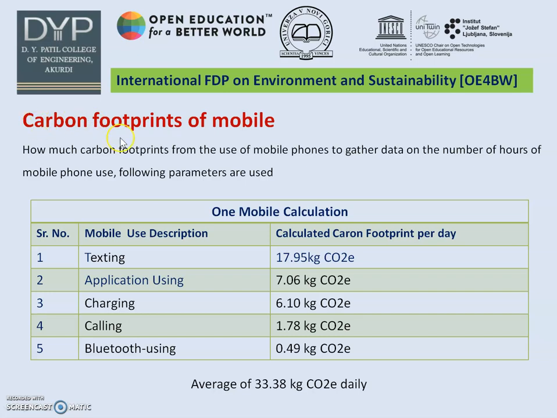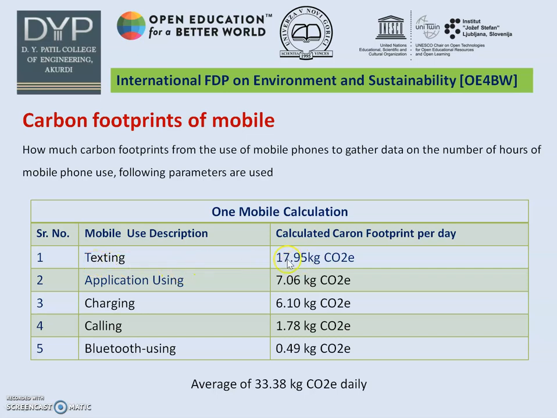How much carbon footprint comes from the use of a mobile phone depends on the number of hours the phone is used. The following parameters are used: texting, application using, charging, calling and Bluetooth using. The calculation of carbon footprint per day is as follows.